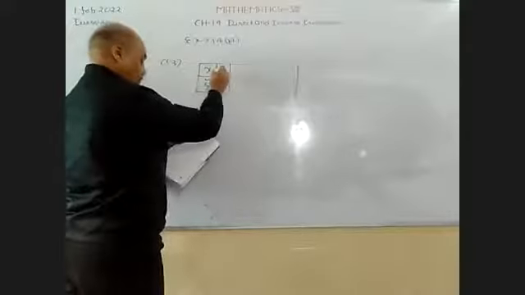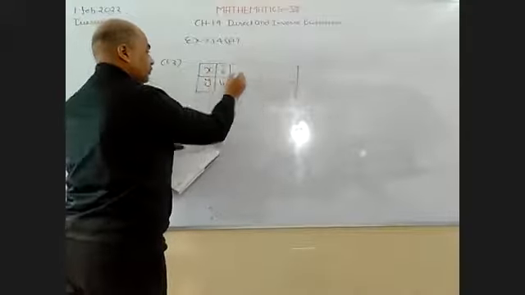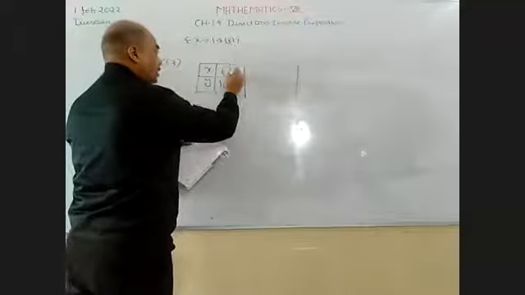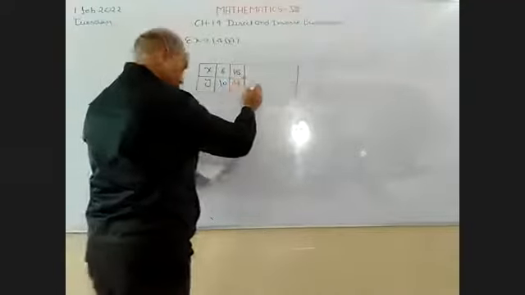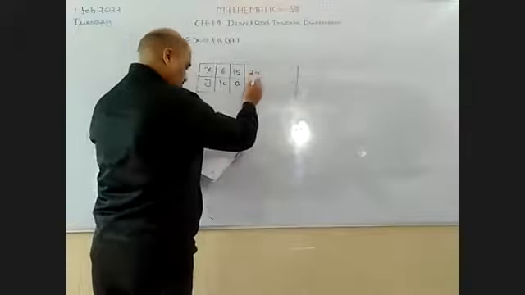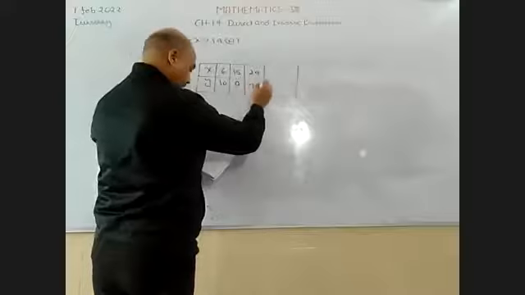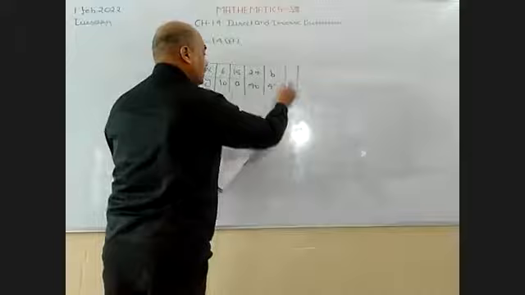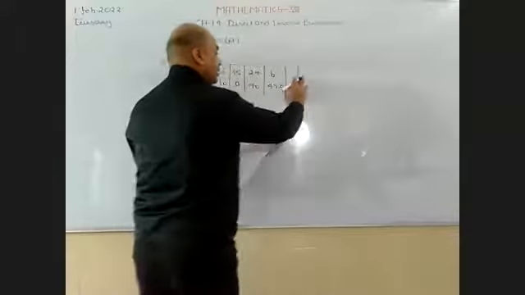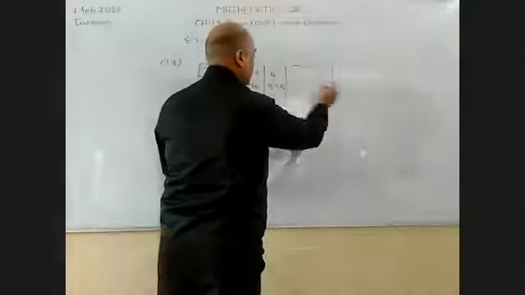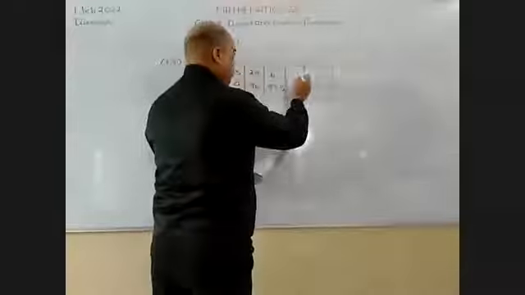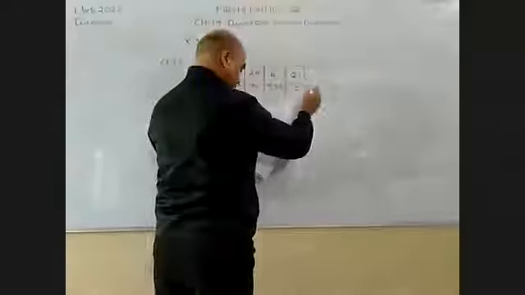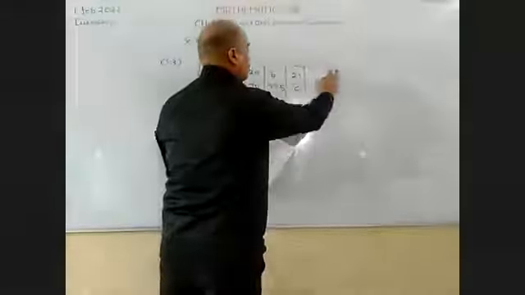What is given? 6 and 10. Next one is 15 and 8. 24 and 40. Next one is b and 47.5. Next one is 21 and c. Okay. So this is your question.